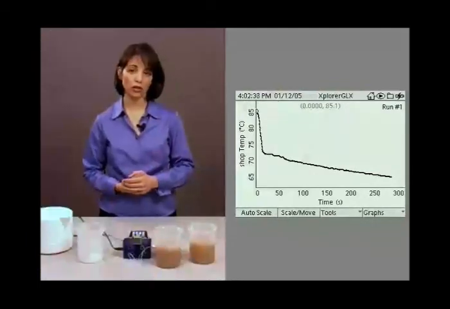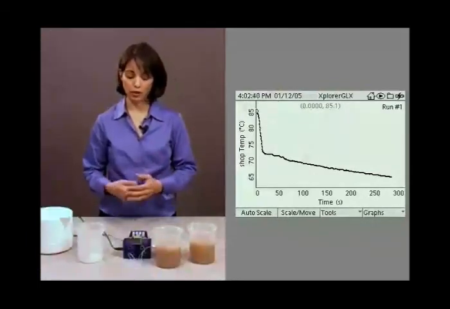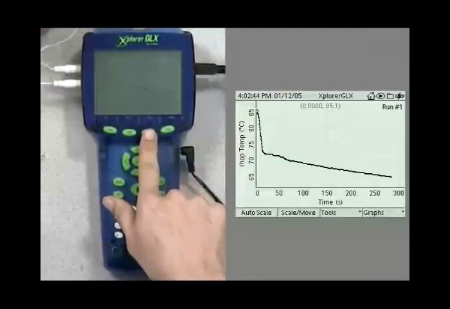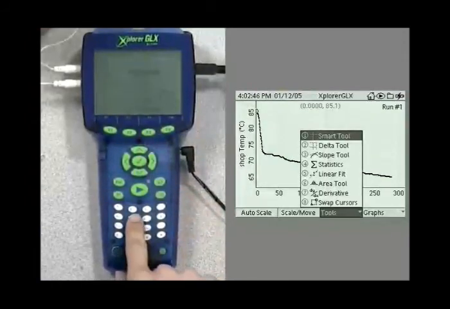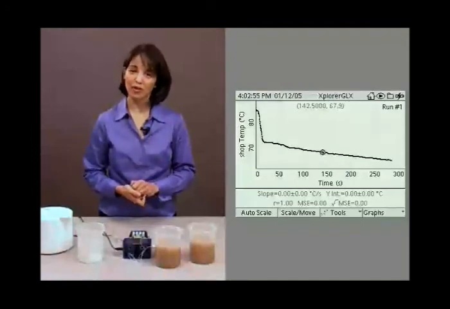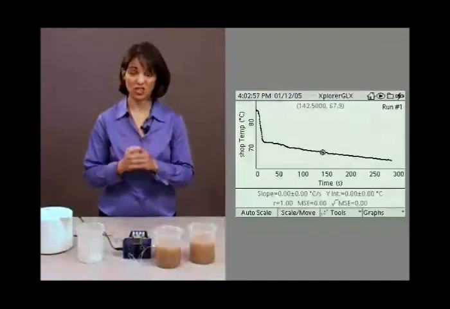And now we can look at the slope of the 5-minute line here. And we'll go back to our tools menu, F3. Turn on the linear fit, which is item number 5. And it looks like it didn't work, but it did. What has happened is our rectangle is just essentially one point.